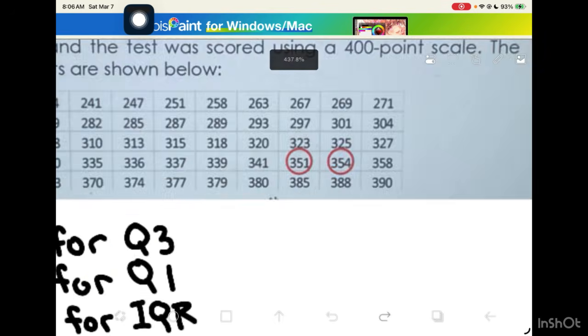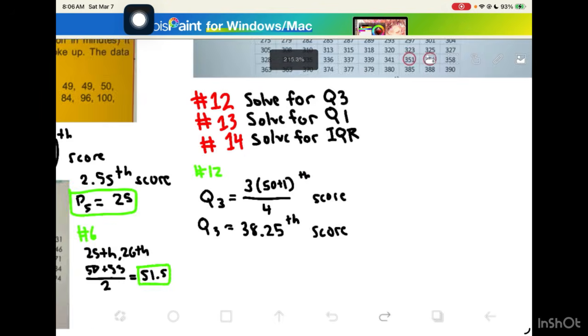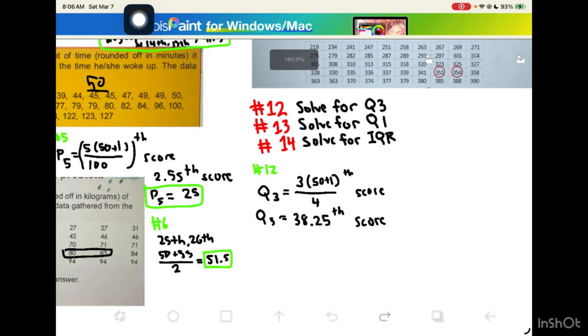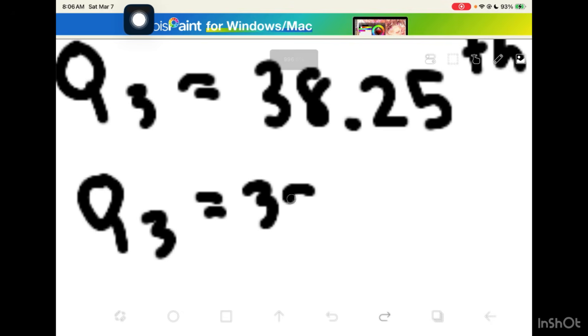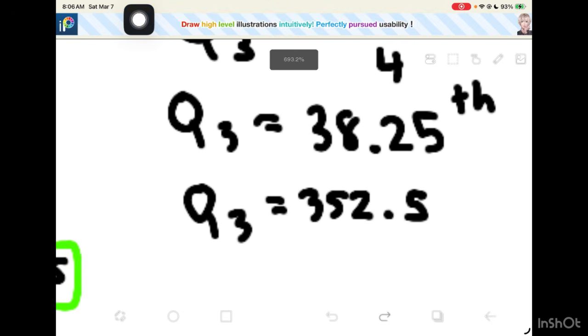So it's going to be 351 and 354, which means when you add them up, 351 plus 354, then divide that by 2, you get Q3 is equal to 352.5.